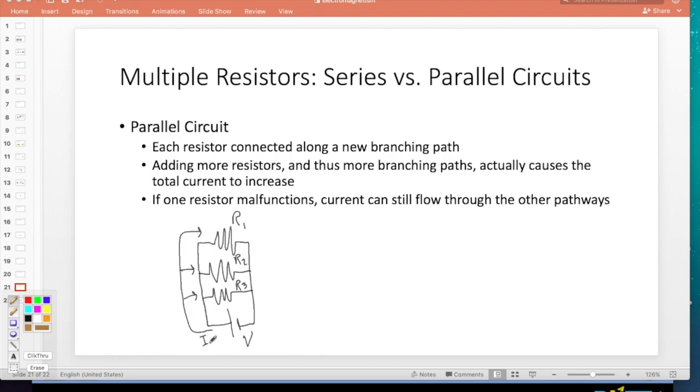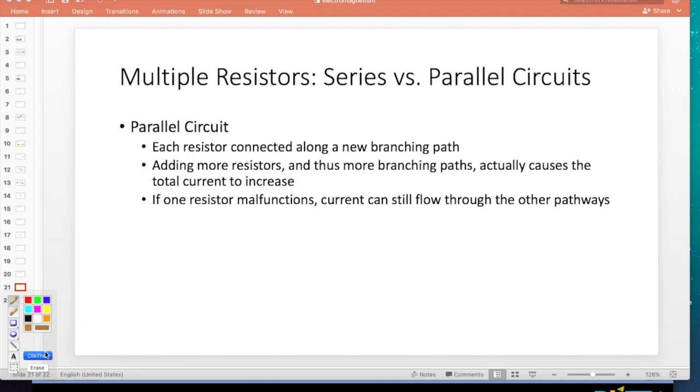Why would the total amount of electron flow, the total current, increase here as I add more pathways, as I add more resistors? Well, it's because I've kind of opened up new lanes of traffic. Remember, current is like electrons flowing. So if I've just added multiple paths, multiple lanes of traffic for the electrons to flow, then overall, the electrons are going to be flowing more throughout the whole system.